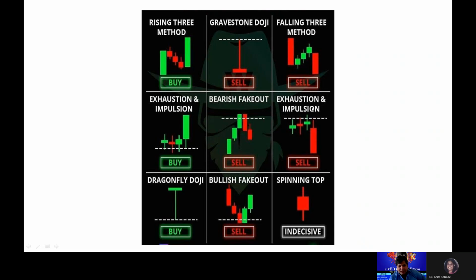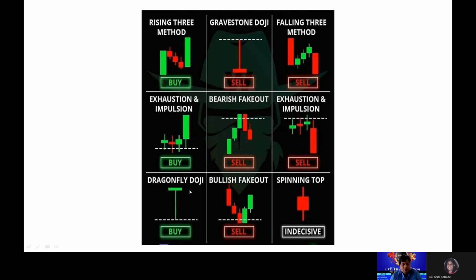Similarly, look at this exhaustion and impulse. For the sell signal, it is exactly the opposite of this buy signal. Here, the three candles took support from the white line and then it shot up from the support line. Here, these three candles took rejection from this line, that is the resistance line, and the candle went down, and that was the confirmatory red signal.